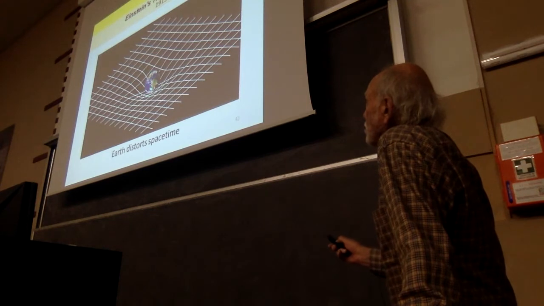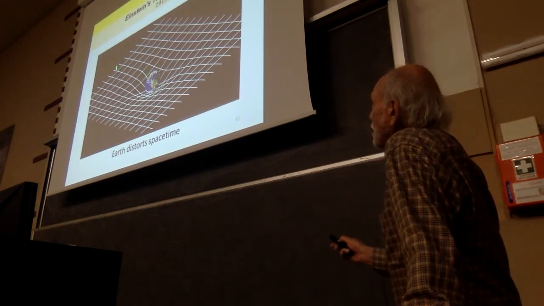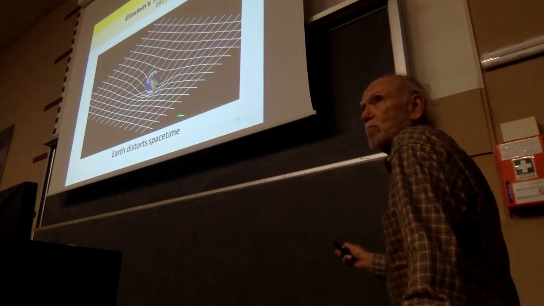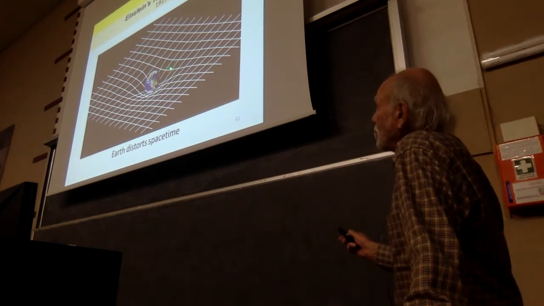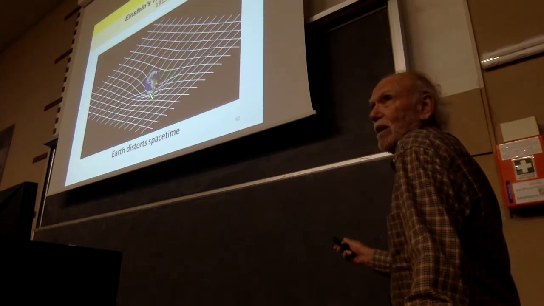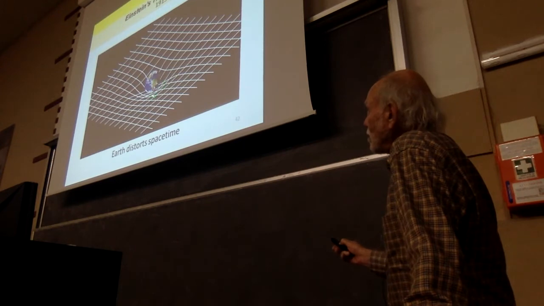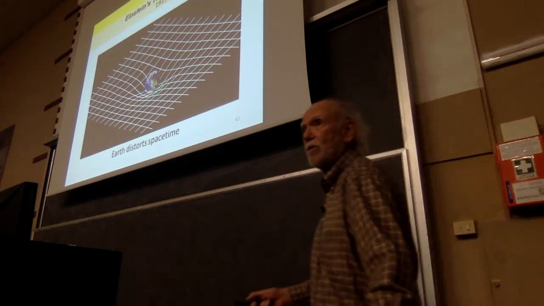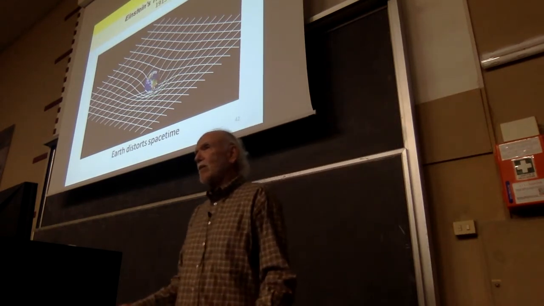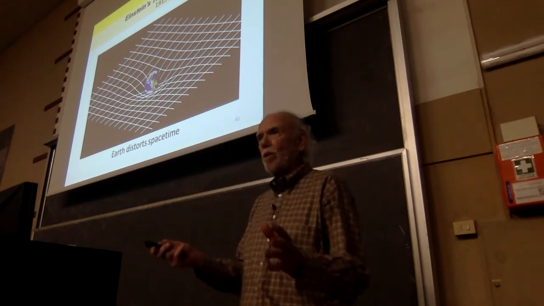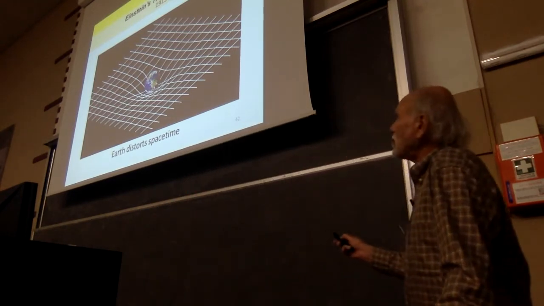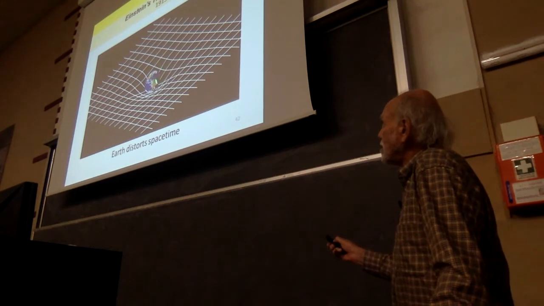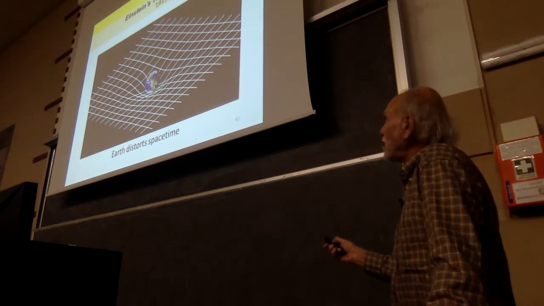So if I have the Earth here, then it basically distorts the space-time around it. If I then have an apple above the Earth, it obviously falls toward the Earth. So in Einstein's theory, the warpage of space-time gives you a picture that you can see here. Of course, it's much more detailed mathematically.